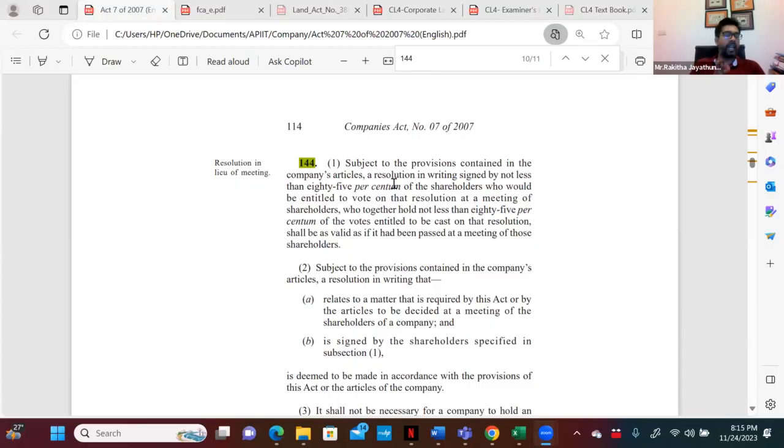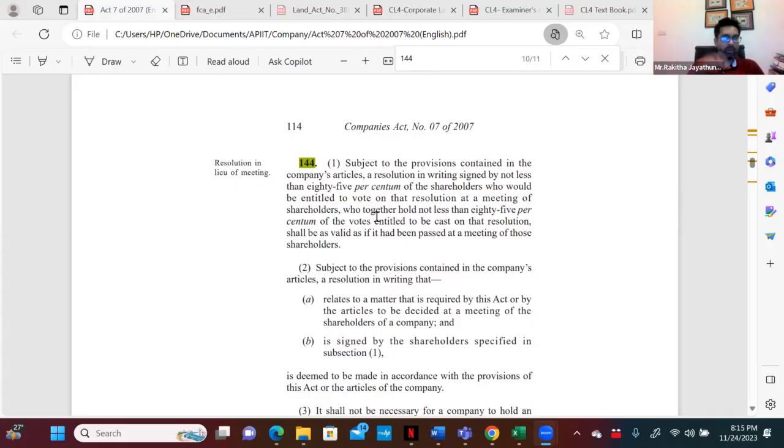So that's one important thing that you have to mention. As per section 144, yes, a company can make resolutions without having a physical meeting. We call them circular resolutions. However, if the articles of the company prohibit, you can't pass resolutions in lieu of meetings. But the question specifically says this company has adopted model articles.